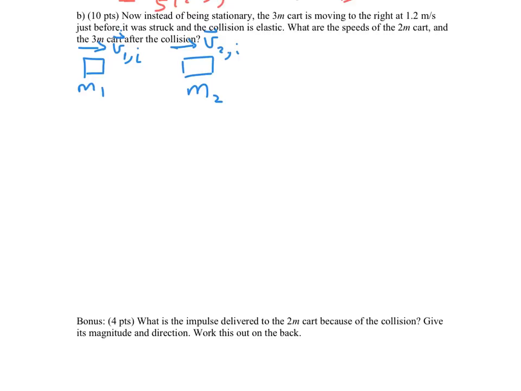Okay? And after they collide, you have a similar picture. You have m1 and m2. And they will both be moving, and you don't have any idea. In fact, I don't have to draw the arrow indicating the direction.